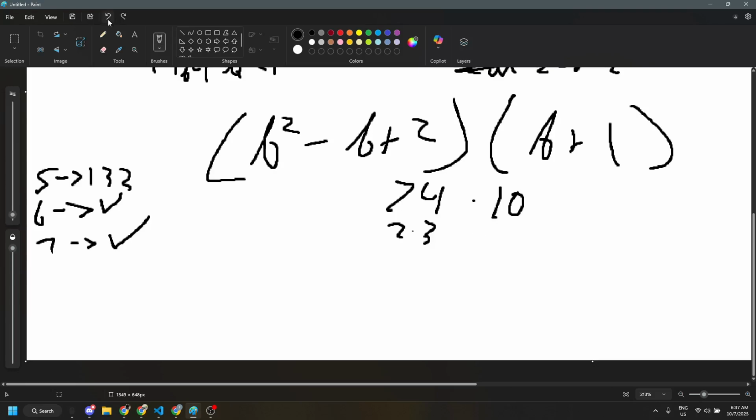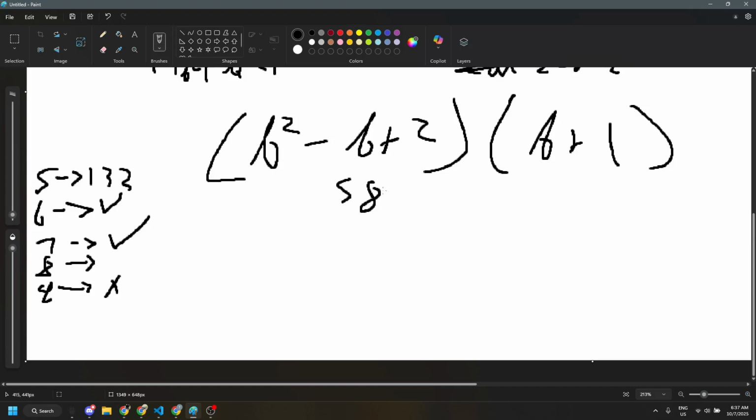So this doesn't work. 9 doesn't work. 8, 64, so 58 times 8, times 9. 58 is 18 above 40, so it's not even divisible by 4, so no.